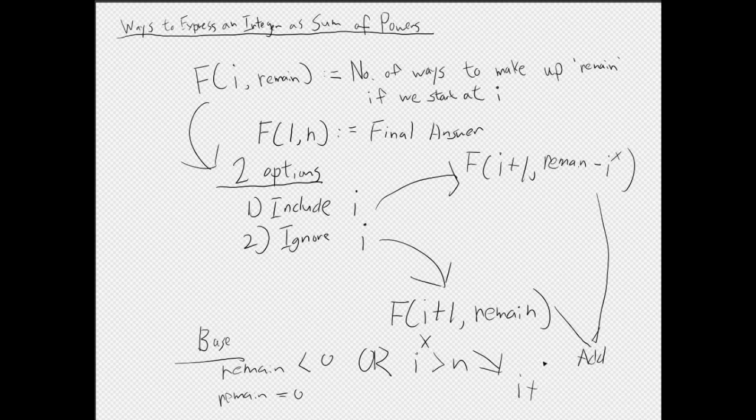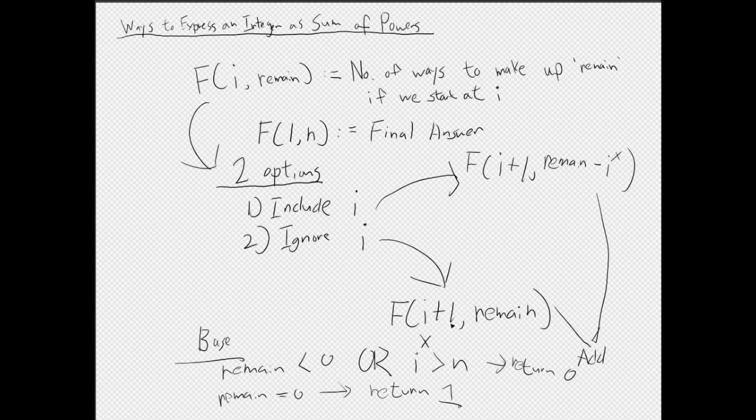So once we hit something like i to the power of x being greater than n, we just return 0, because there's no way there is an answer after this. If remain is 0, on the other hand, it is a valid solution, and we just return 1. So that's basically the gist of the solution.